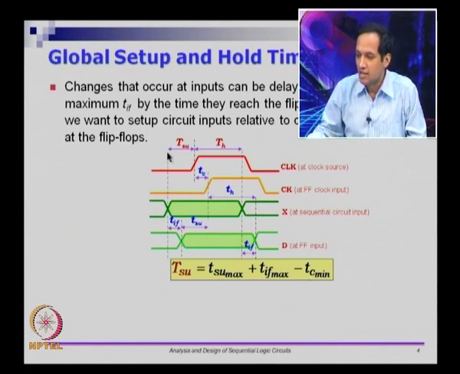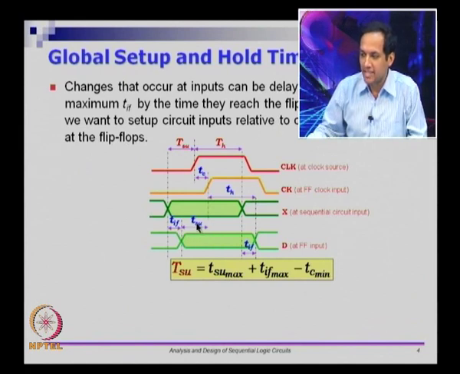So, let us look at this. From this line here, I want to measure up to here. So, TIF plus TSU takes me to the clock pulse here, but if I subtract TC, it takes me to CLK. So, TSU is TSU of the flip flop plus TIF, which is the input to flop delay, minus TC. Let us look at these maxes and mins.